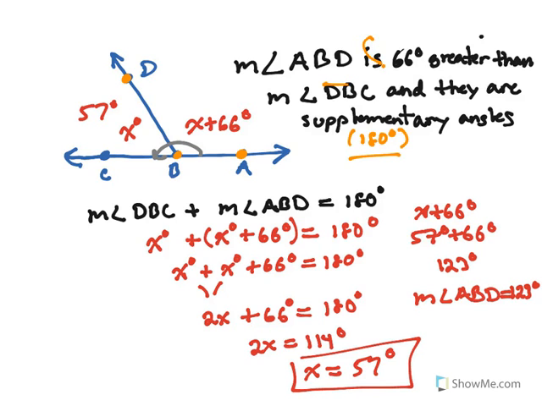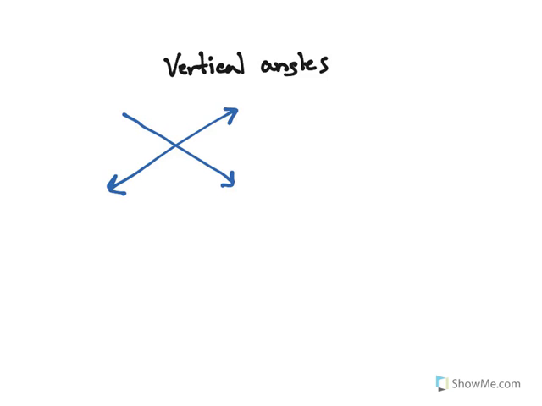Another thing that we have is vertical angles, and this is kind of easy. When you think of vertical angles, just think of this: we have two lines that intersect each other at one point.